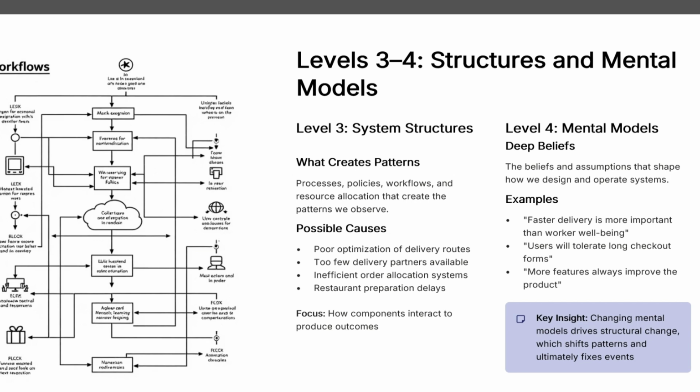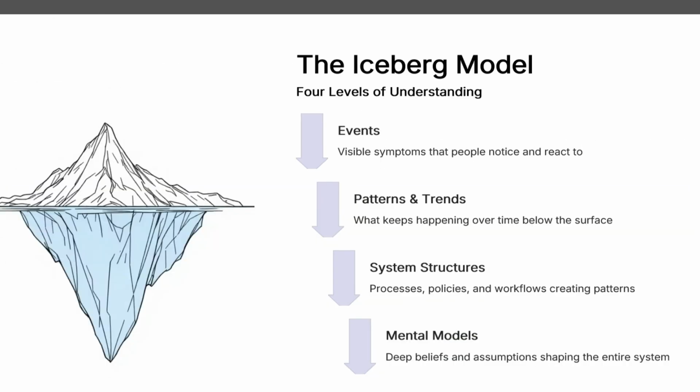So these beliefs influence how systems are designed, and changing mental models often leads to transformational change in systems. So again, this is the iceberg model structure: events, which are visible problems; patterns, trends over time; system structures, processes and relationships; mental models, beliefs and assumptions.